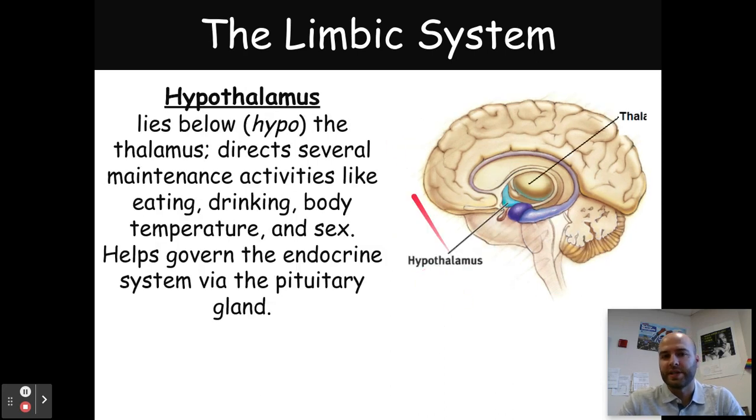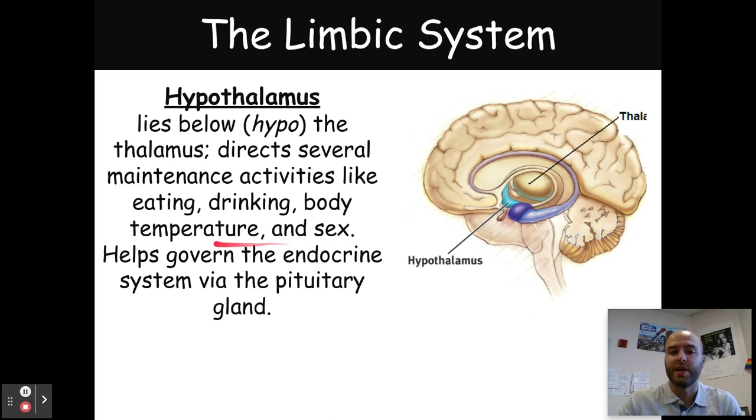As we continue, our last structure of the limbic system is the hypothalamus, which is this kind of aqua color here. It is just below the thalamus, right, which is the sensory switchboard of the brain. The hypothalamus directs several maintenance activities: eating, drinking, body temperature, sex drive.